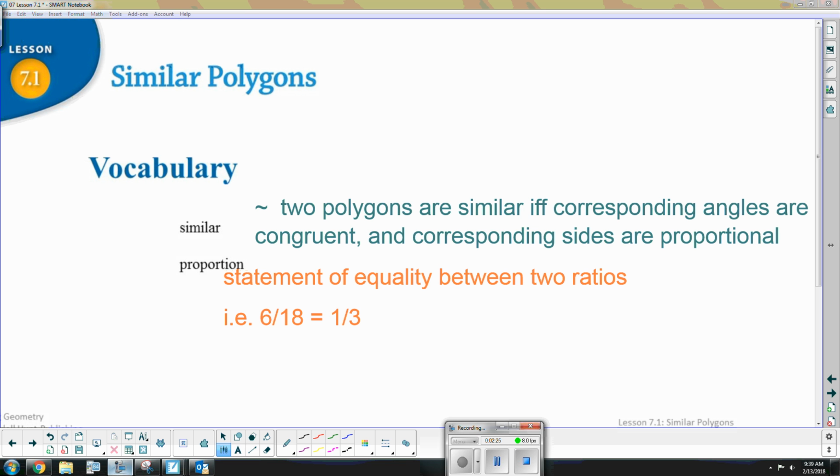So our definitions that you have on your note sheet are similar and proportion. This is the symbol for similar. If you see that symbol, it means similar. Two polygons are similar if and only if corresponding angles are congruent and corresponding sides are proportional.